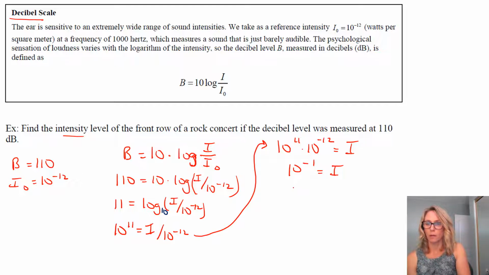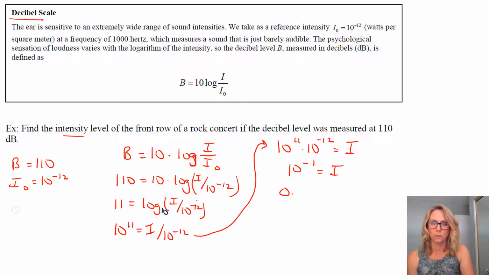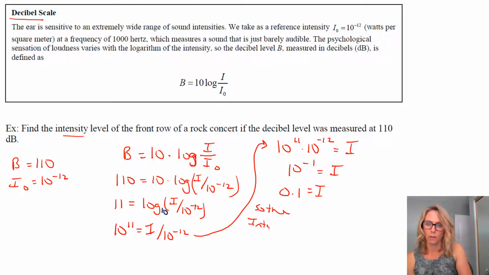And we get 10 to the negative 1, which is just 0.1, basically 1/10. So that is our intensity. So the intensity is 0.1.